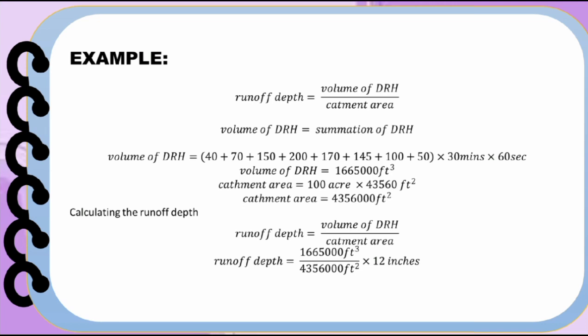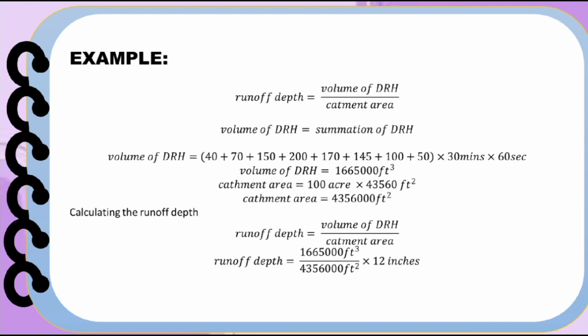In this case, it is hourly. So the volume of DRH is equal to the summation of DRH. From the given above, we have 40, 70, 150, 200, 170, 145, 150. We're just going to sum all of it up and multiply by 30 minutes times 60 seconds for conversion of minutes to seconds.